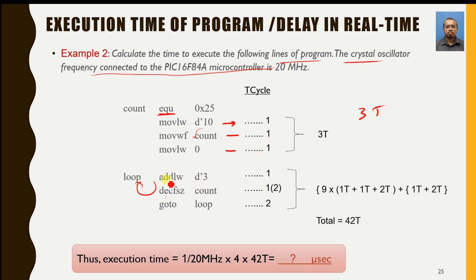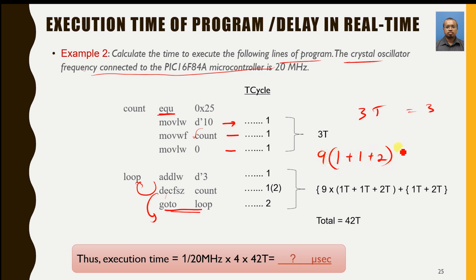Okay, so the first one, it will become 9, 8, 7, 6, 5, 4, 3, 0, 2, 1. And when it's 0, it will skip. So here's 9 times. So we have 1 plus 1 plus 2.